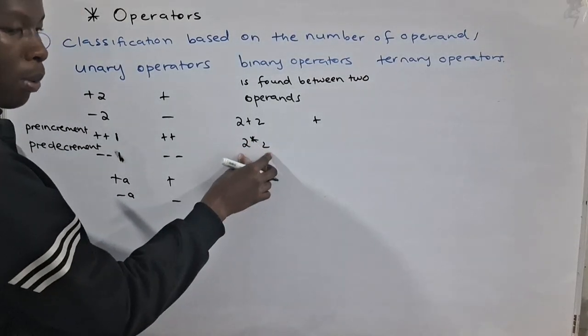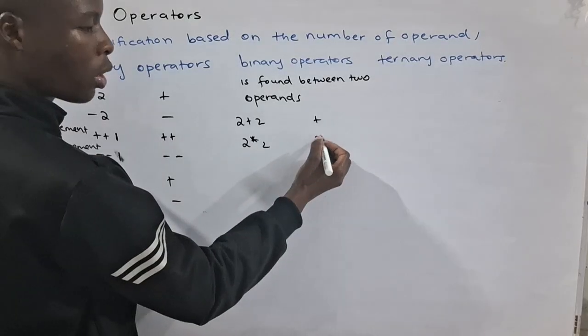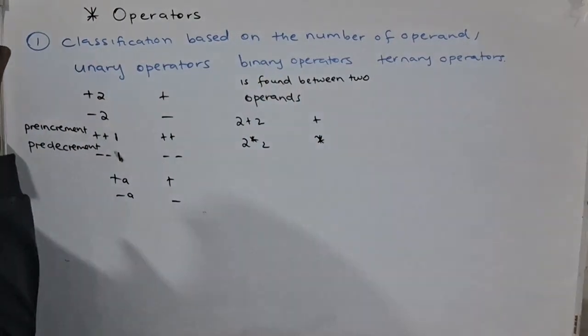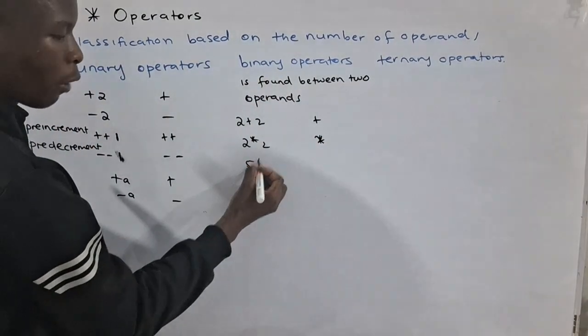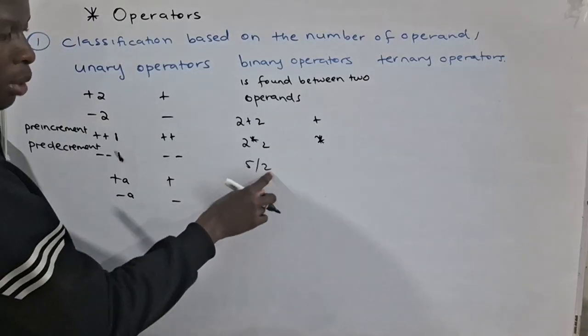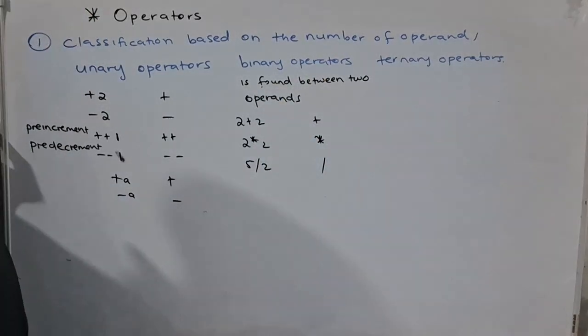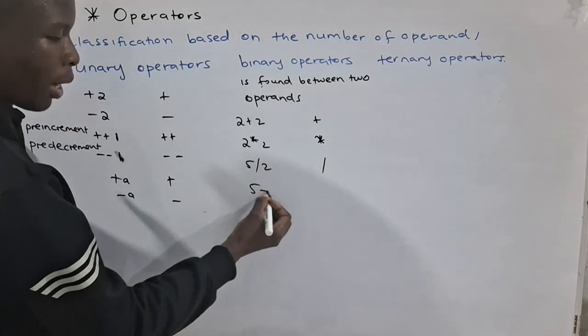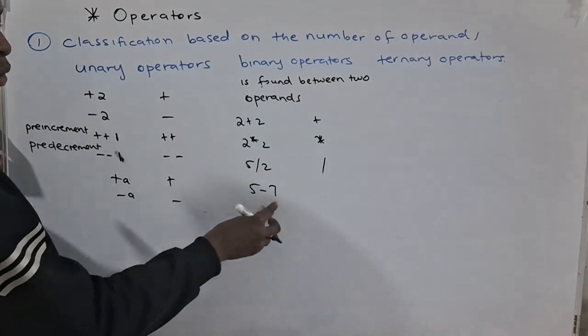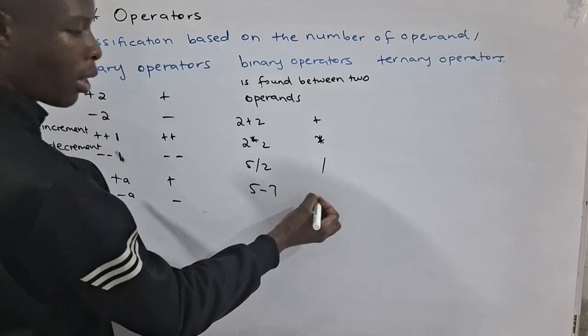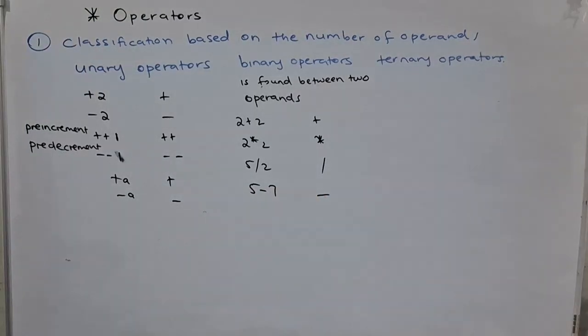This operator is between these 2 and 2, so it is also a binary operator. You can say 5 slash 2. This slash is between these two operands, so this is also a binary operator. If you say 5 minus 7, this negative is between these two operands, so this negative is a binary operator.